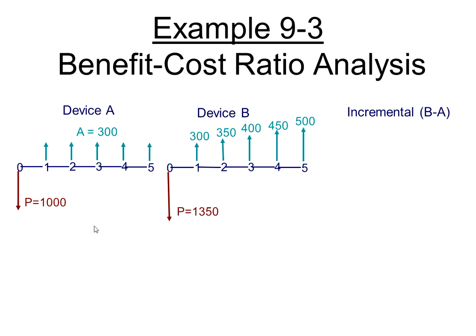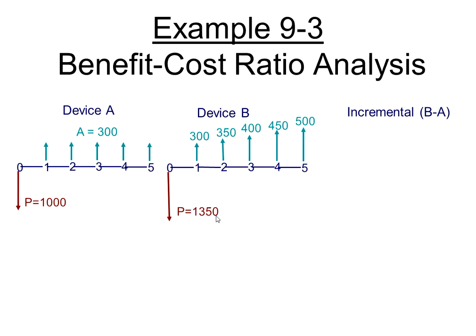Simply by subtracting these two cash flows, we get the incremental cash flows. Notice we are subtracting from the larger alternative, so it's going to be B minus A, the largest initial cost. Device B has the higher initial cost compared to device A.